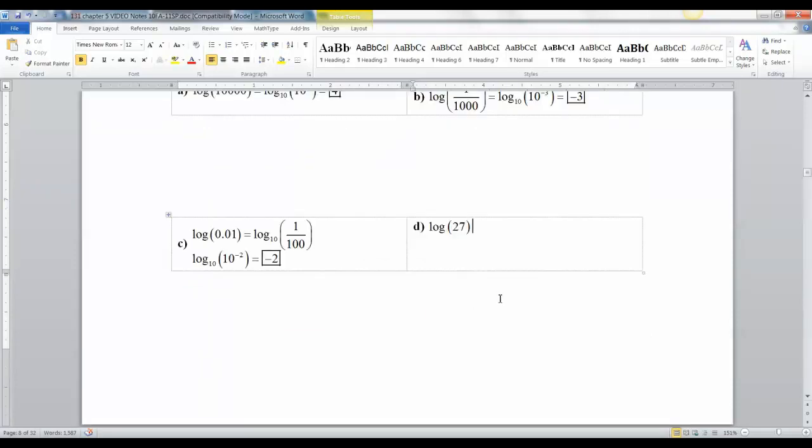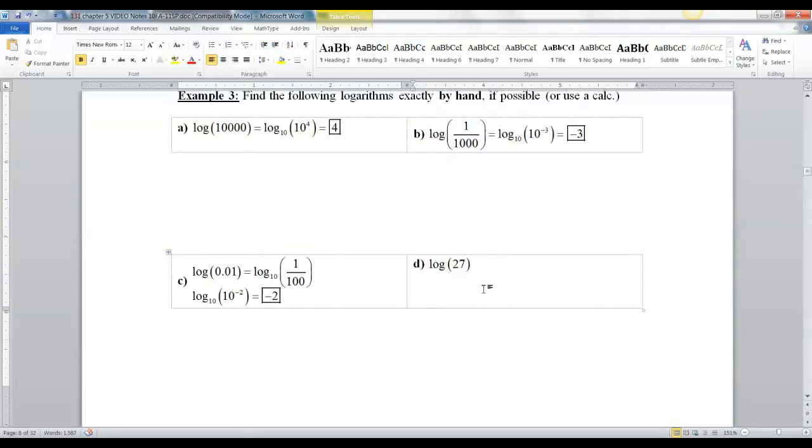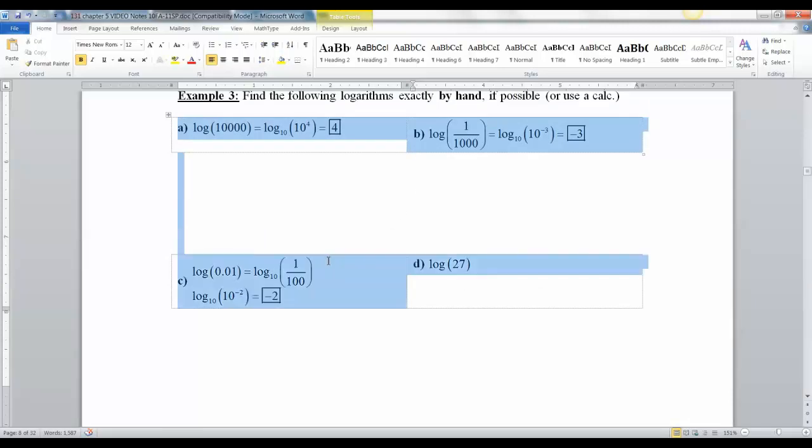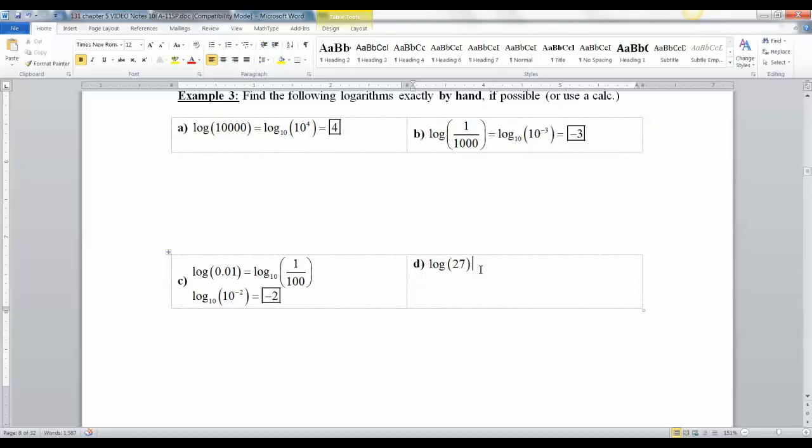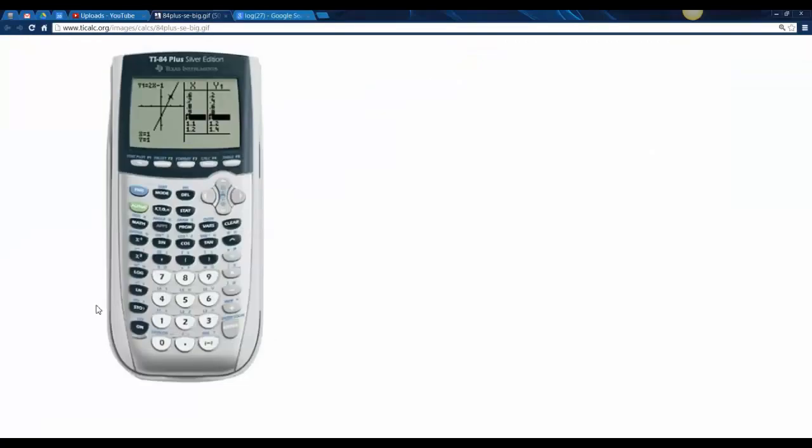All right, now the D one, we're not going to be able to find that with the tricks that we've been using here for A, B, and C, because A, B, and C were powers of 10. 27 is not a power of 10, so we're going to have to use a calculator. Now, unfortunately, I don't have my calculator program because of where I'm doing this right now, so let me just suffice it to say that if you're on a TI calculator, it's this button right here.